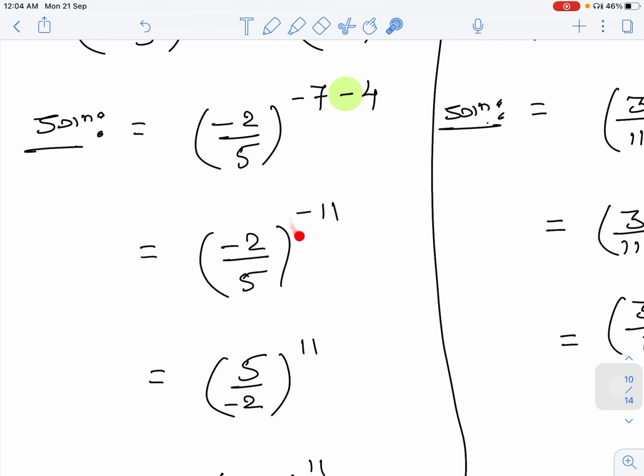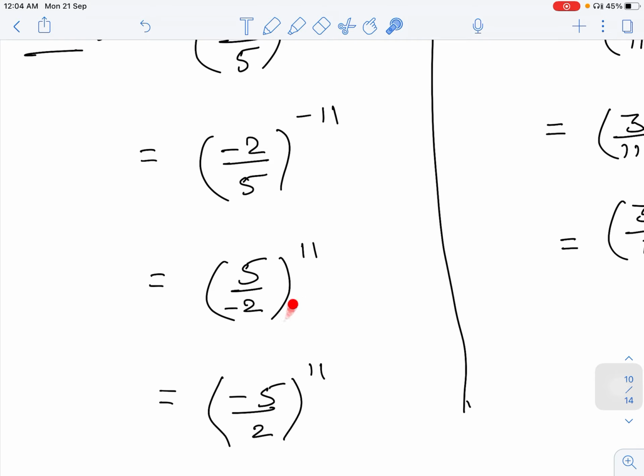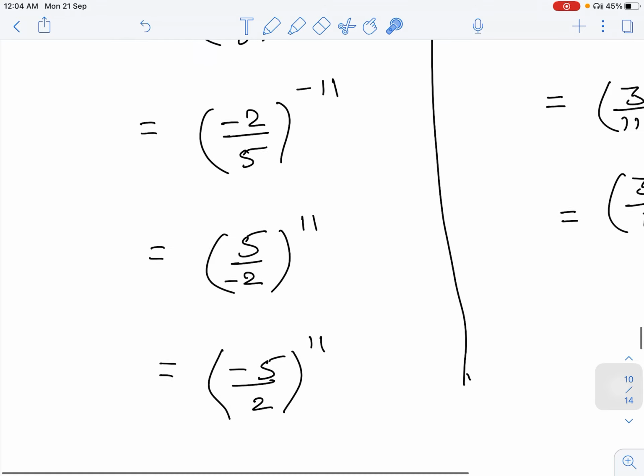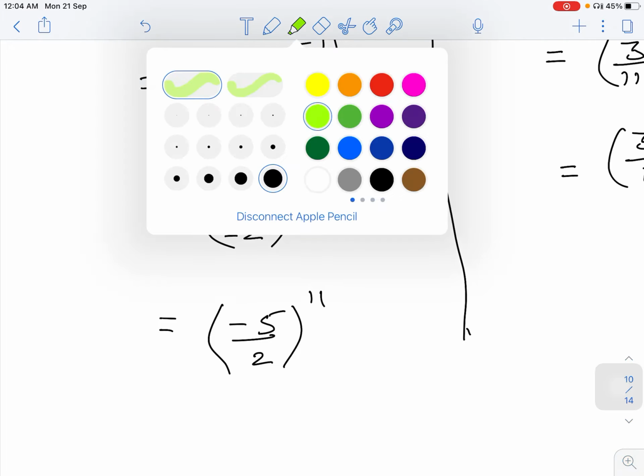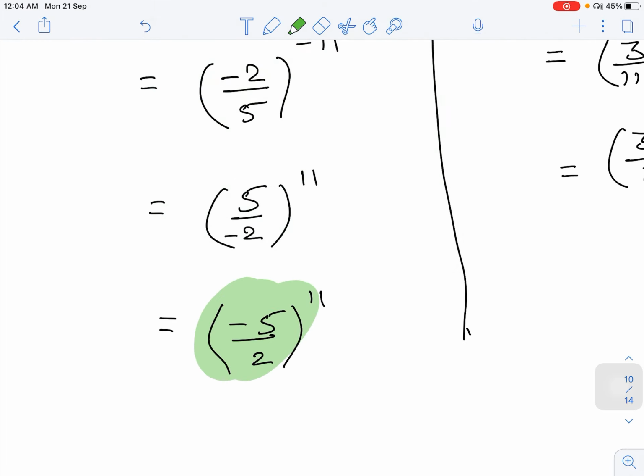So if you want to make it positive, we will take reciprocal of the base. So minus 2 is in numerator, so it will go to denominator, and 5 is in denominator, it will come to numerator. So next step you will get 5 upon minus 2 raised to 11. Now this minus sign, if you are keeping upside, then also the value will be same, that we have already learned. So finally our answer is minus 5 upon 2 raised to 11.